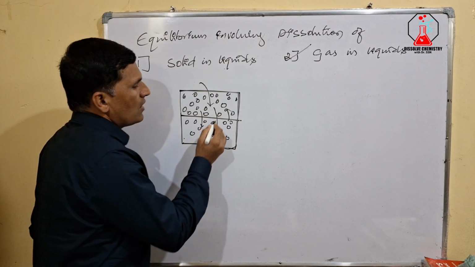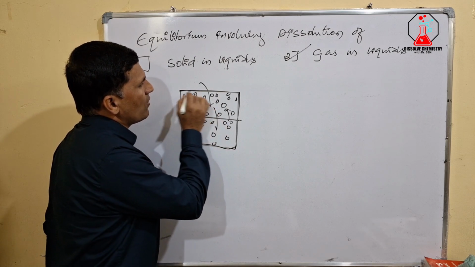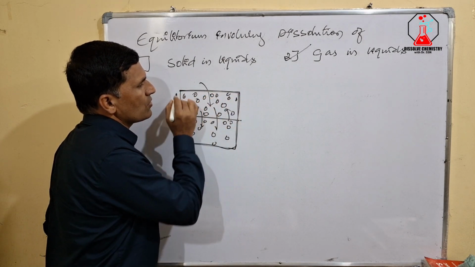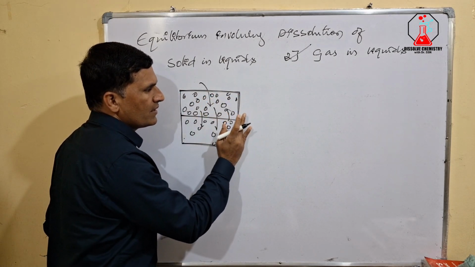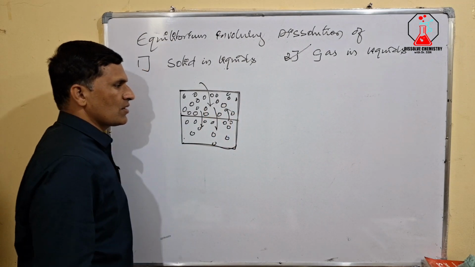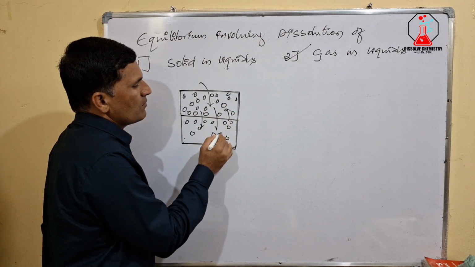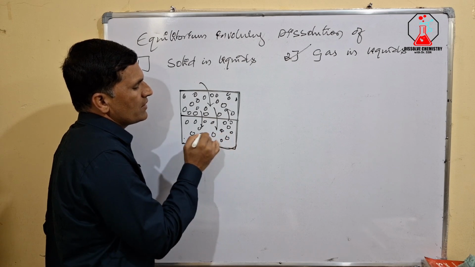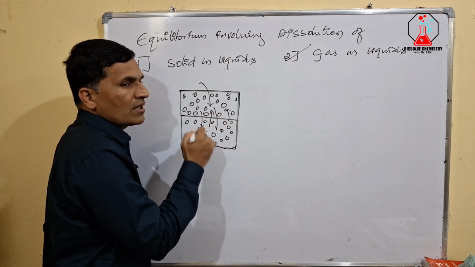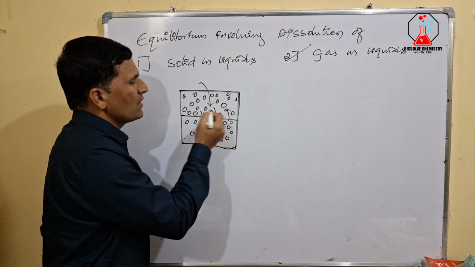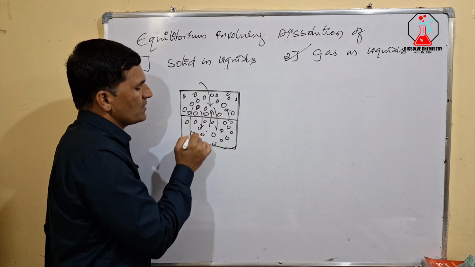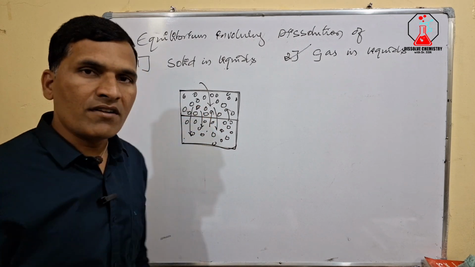So now after a certain interval of time, you have made the pressure constant and kept it aside, and you are maintaining the temperature constant. Then some of the molecules dissolved in the liquid phase will start getting into the gaseous phase, and some of the molecules in the gaseous phase get into the liquid phase.